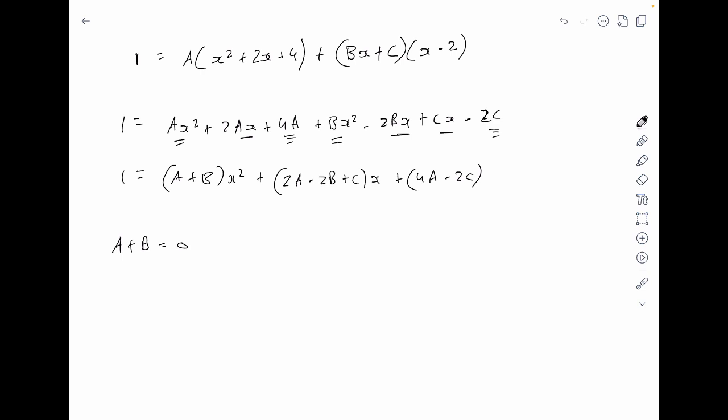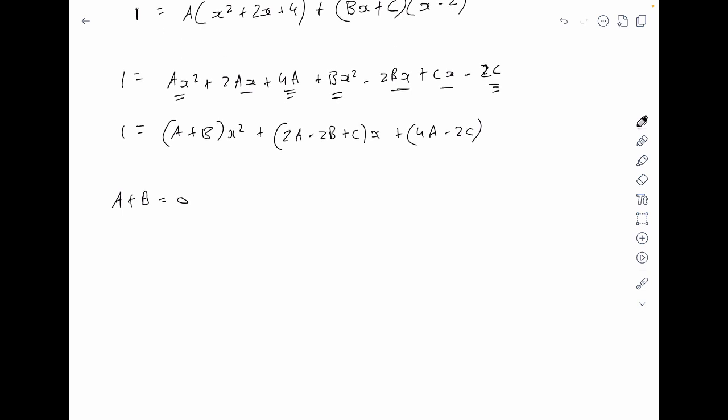Right, so a plus b is equal to 0. Okay, and funny enough, 2a minus 2b plus c is also going to equal 0, and 4a minus 2c is equal to 1. Okay, so what can I put in here?